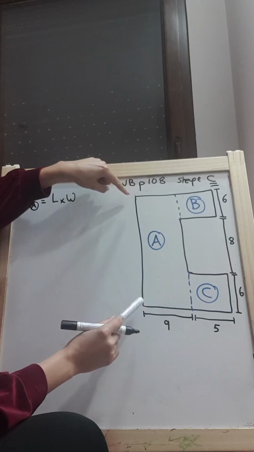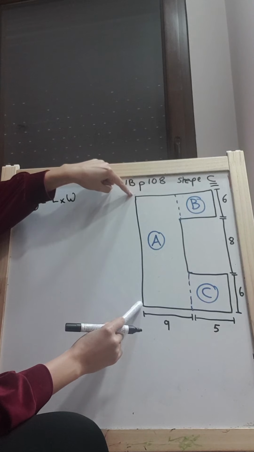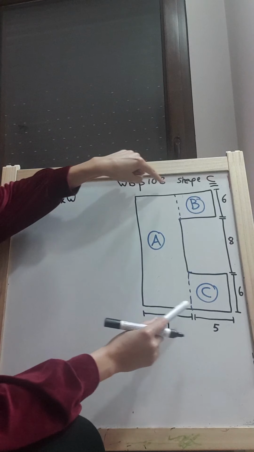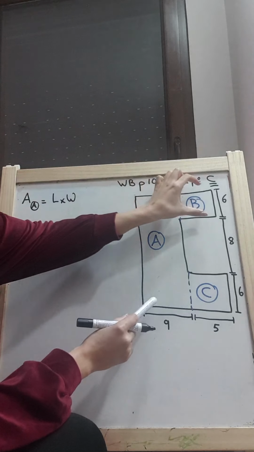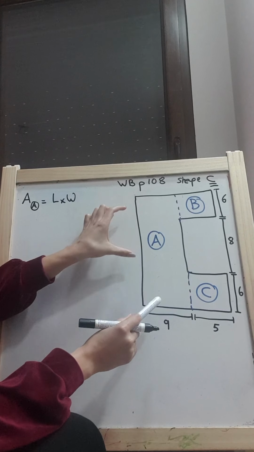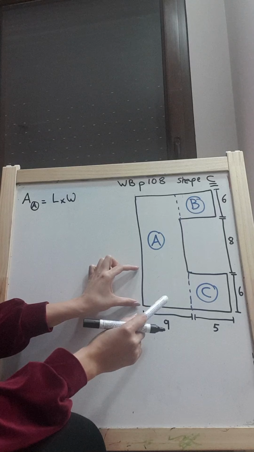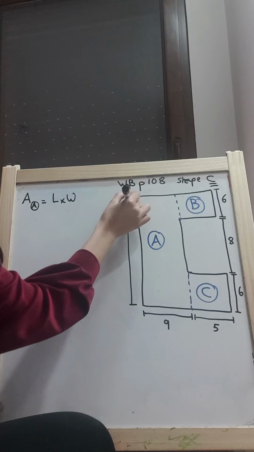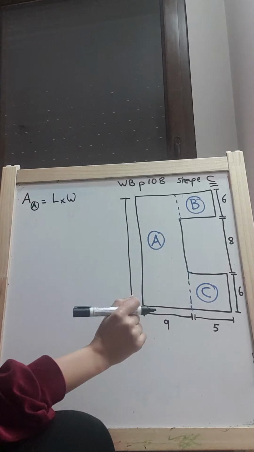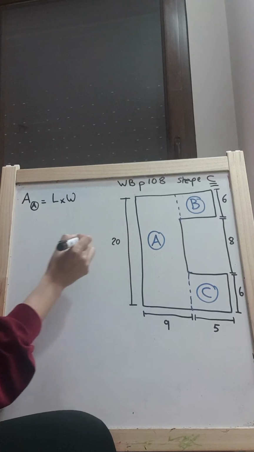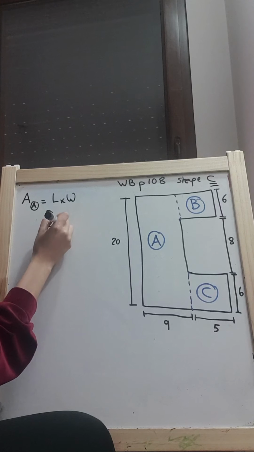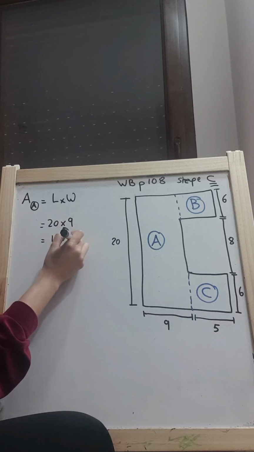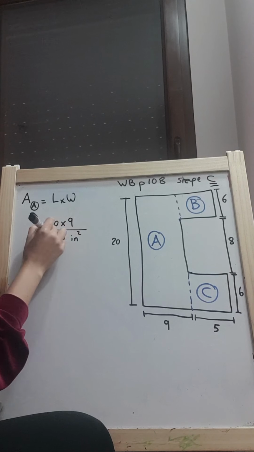Can you see that this length is the same as all of these together, because they are opposite each other? So this part is 6, this part is 8, and this part is 6. This is 6 plus 8, 14, plus 6, 20. So area A is 20 times 9, which is 180 inches squared.